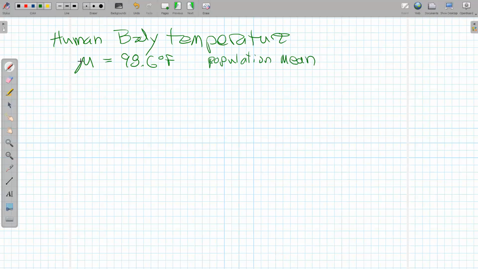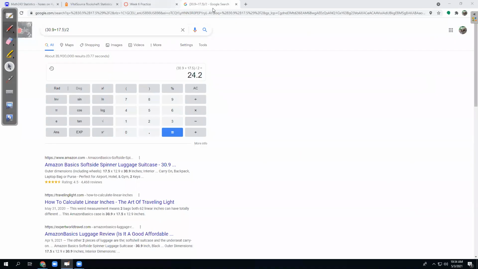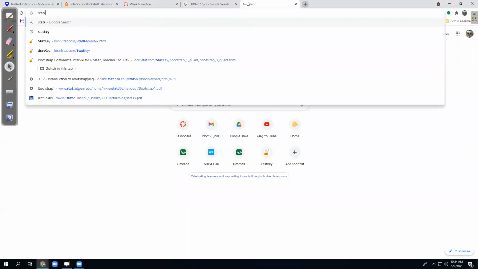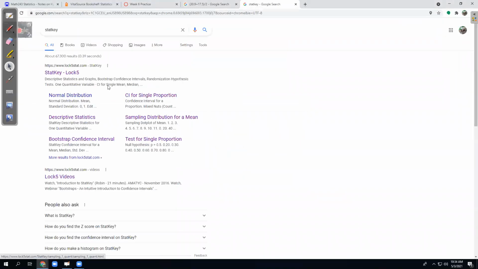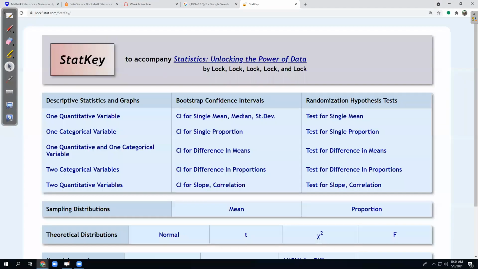Now, I want to take some data that the authors of our book collected from college students, look at their body temperature, and make a confidence interval and see how it compares to what we expect. So this is over in StatKey. I'll put this in the chat and in the YouTube description.